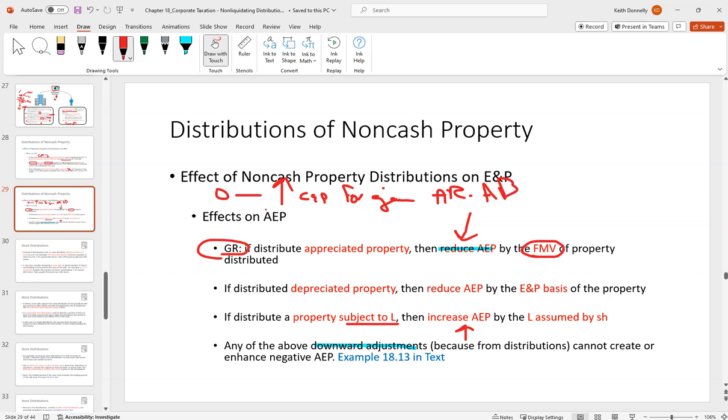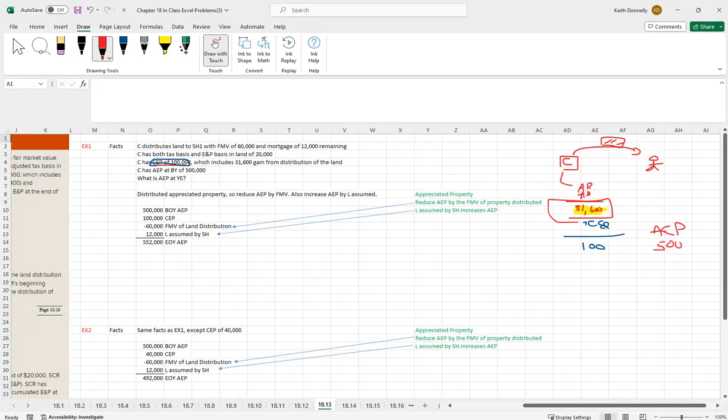Once you do that, the next step is reduce AEP by the fair market value of the property. So here's our beginning. We're going to add our CEP, which includes that gain, back out the fair market value of the land, add the liability the shareholder assumed. Our end of year AEP is going to be 552.